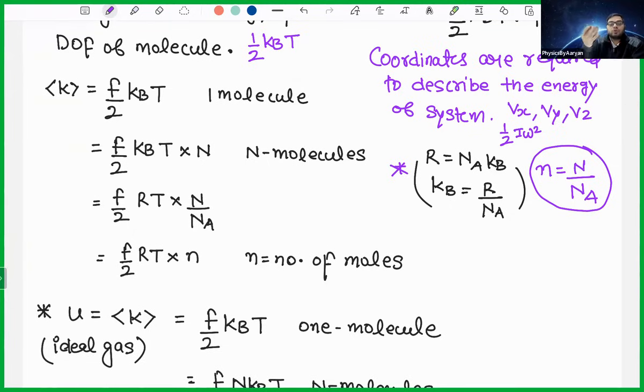How many number of molecules you have is a different thing. That is why sometimes you see the formula F by 2 RT, sometimes you see the formula F by 2 kBT. I hope it is clear when to use which one and how to go from one formula to another.